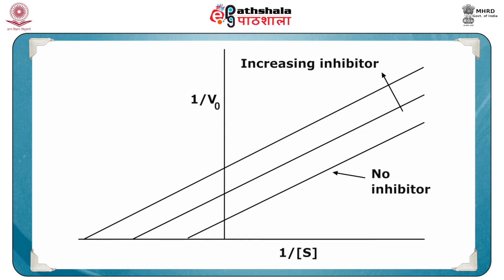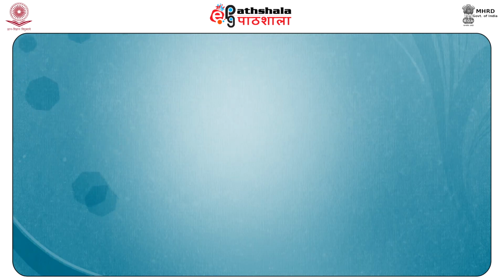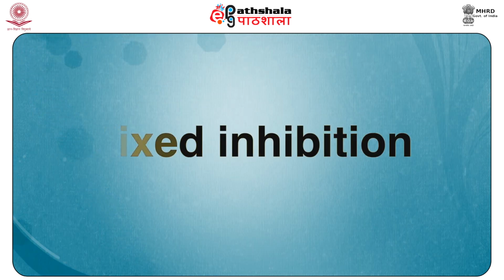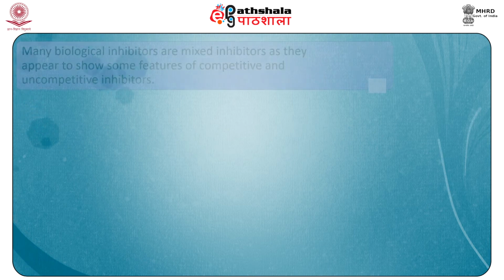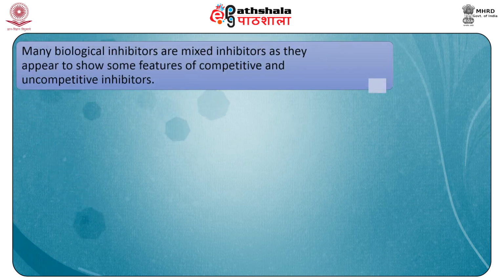Let us look at another kind of inhibition which is observed, namely mixed inhibition. Many biological inhibitors are mixed inhibitors as they appear to show some features of competitive and uncompetitive inhibitors.